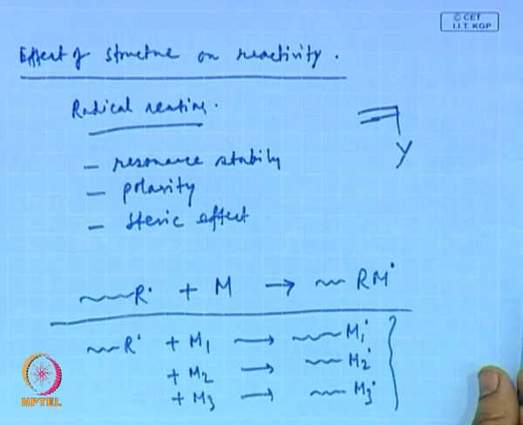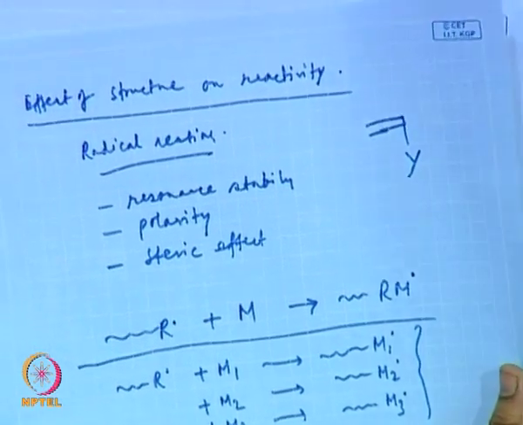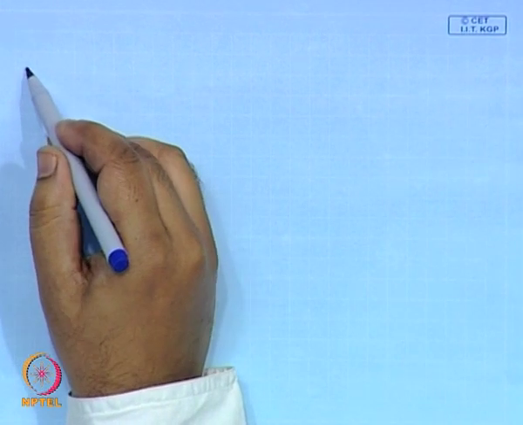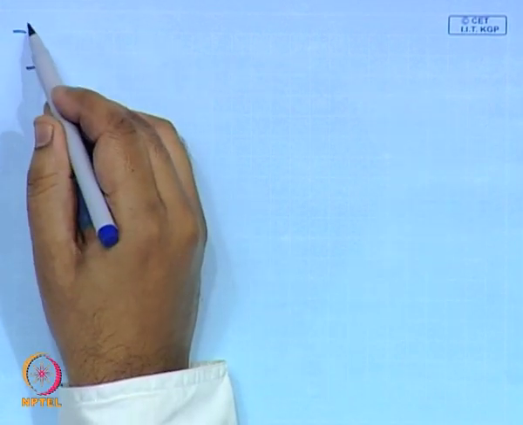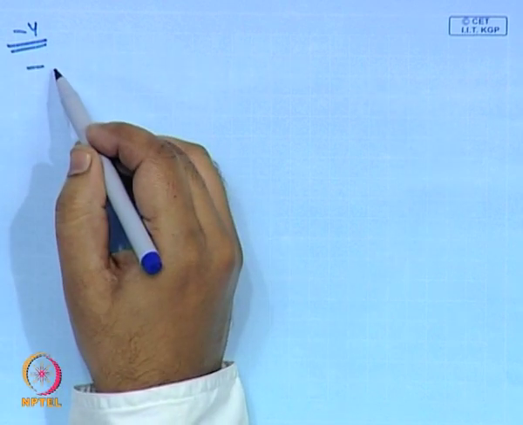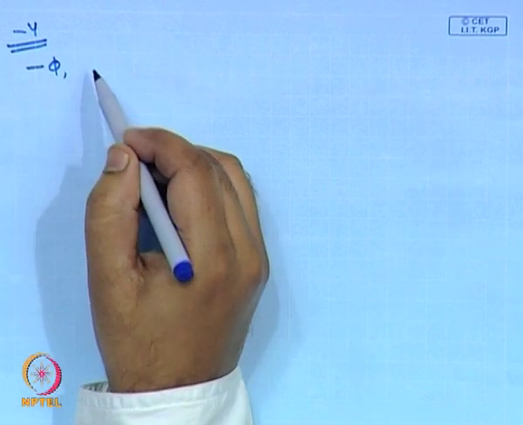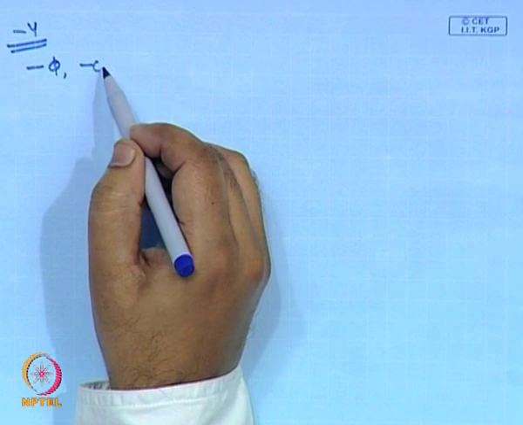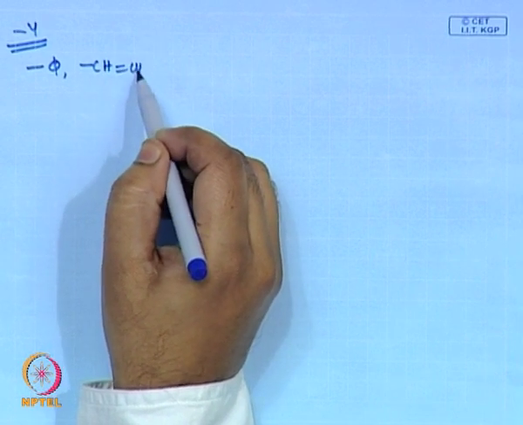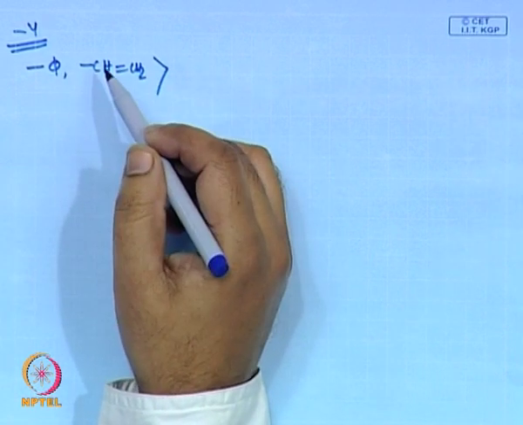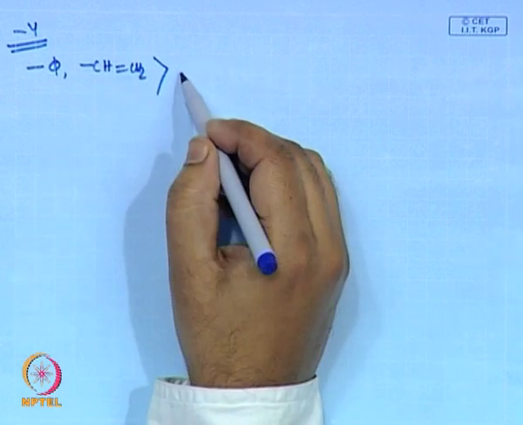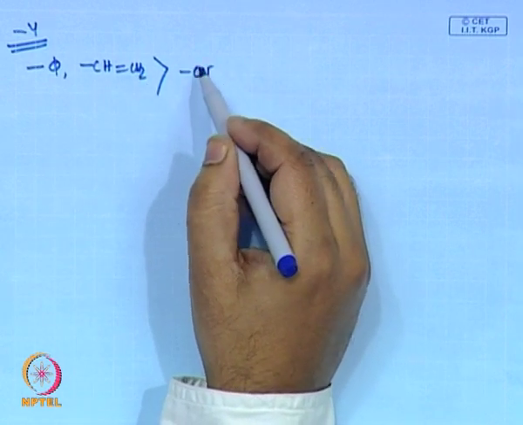So, if I want to rank different monomers, I have to rank according to their ability to stabilize. If I write Y as phi, this has a very strong stabilization effect on the radical.